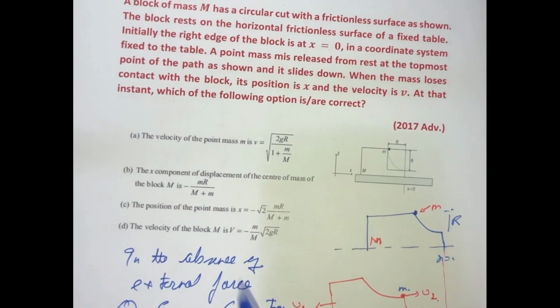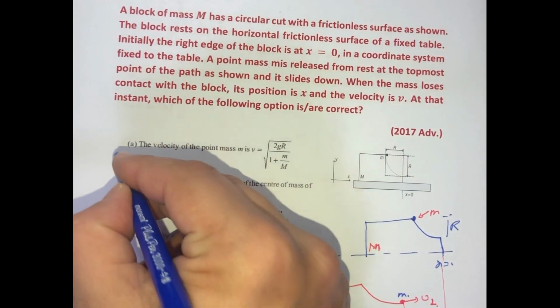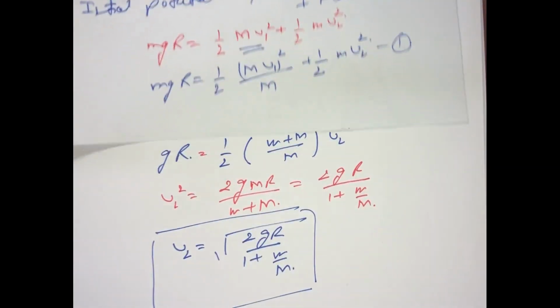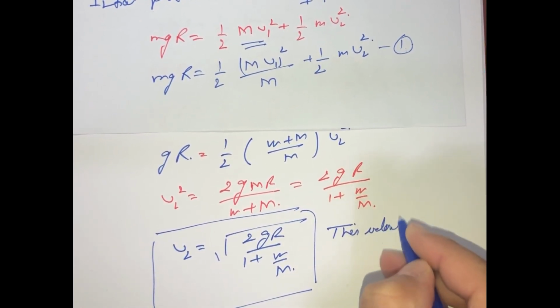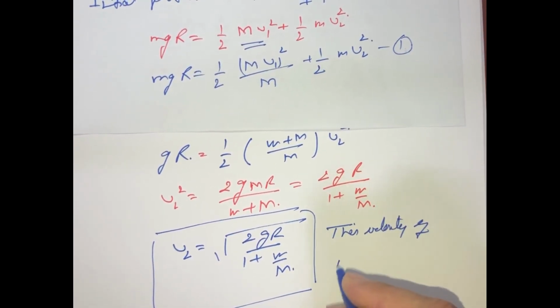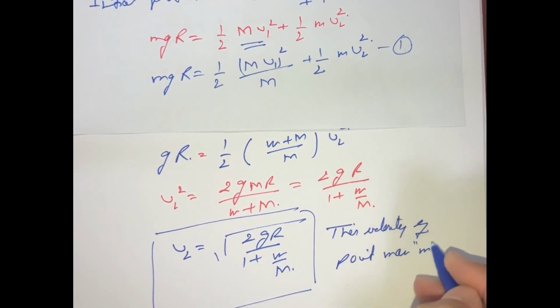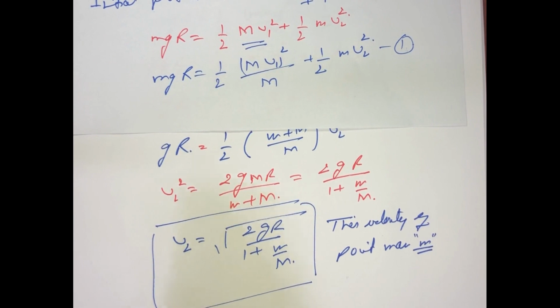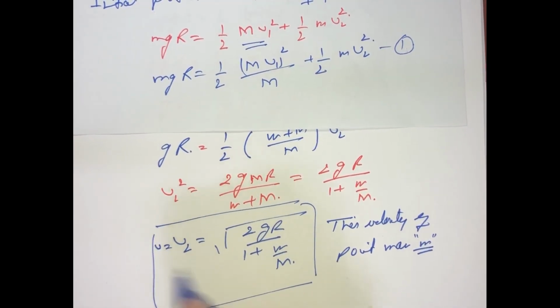Okay, so option number A is the correct one. This is the velocity of point mass m. In this case it is given as v, I have written v2, so we can say v is equal to v2.